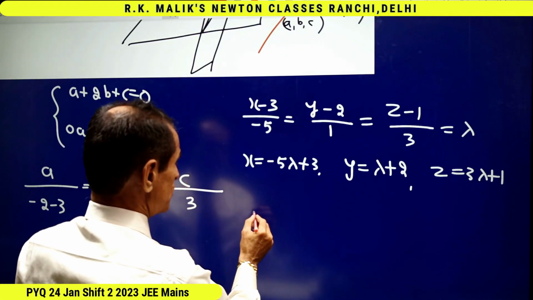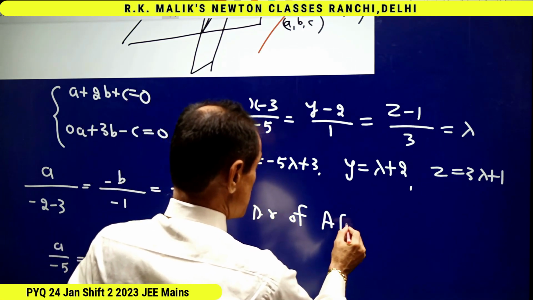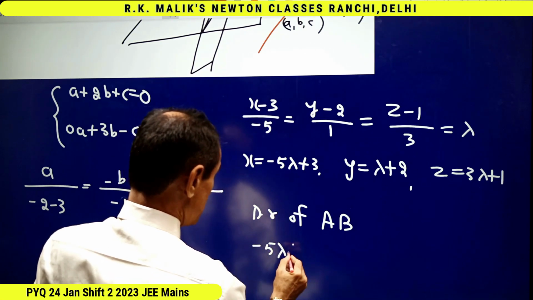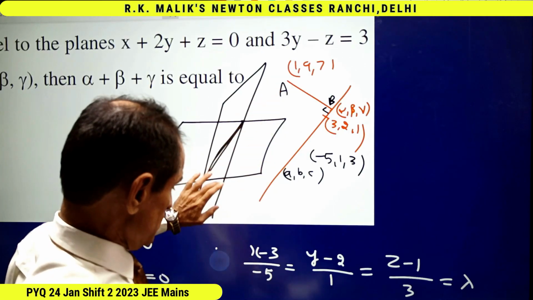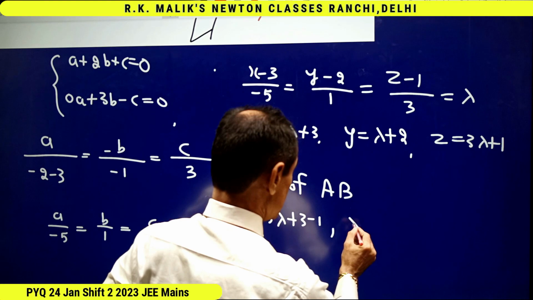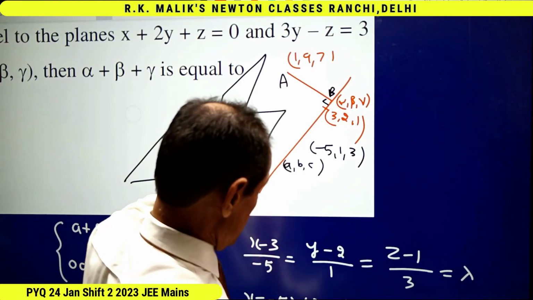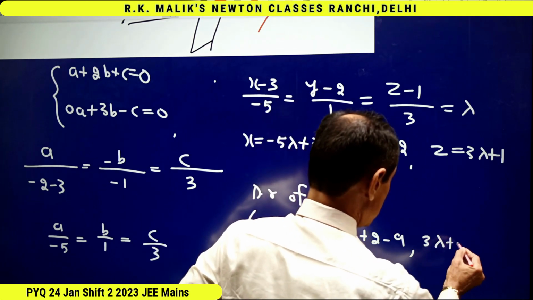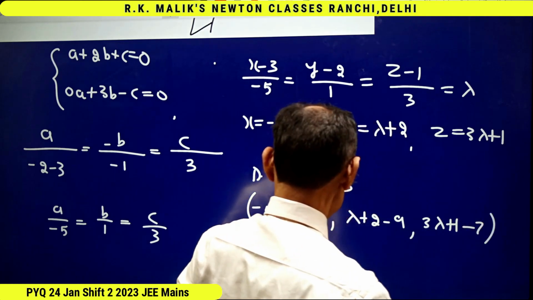Therefore, the direction ratios of AB become minus 5 lambda plus 3 minus 1, lambda plus 2 minus 9, and 3 lambda plus 1 minus 7.